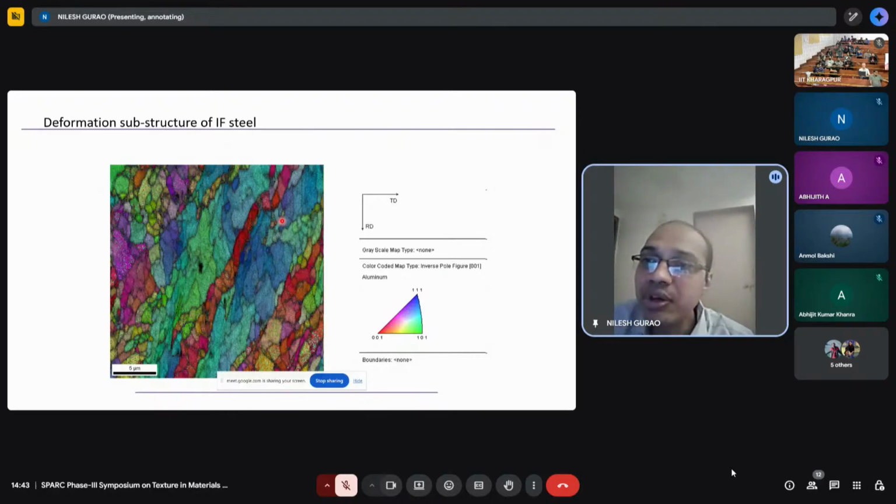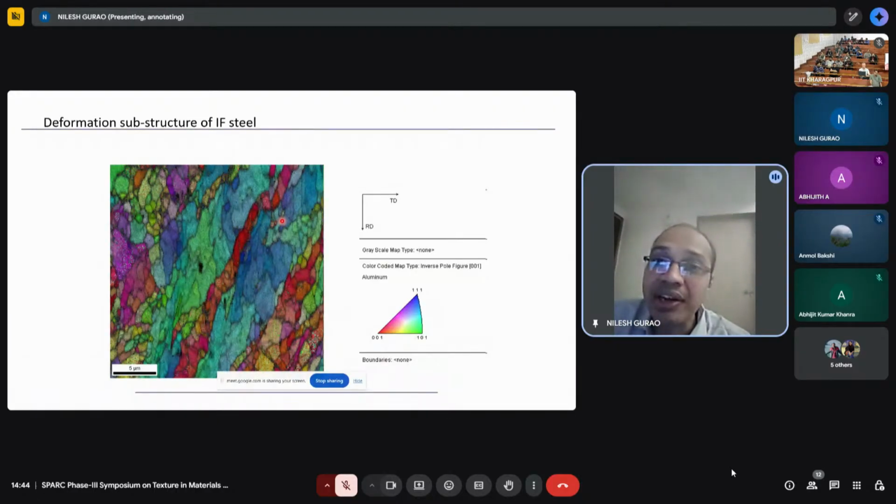So see this image. It appears like an optical image that has been colored. In optical also you can take an image and color it. This appears like that, but this is an IF steel sample. Long back, probably the first sample that Professor Somjit Biswas had done EBSD on, and he was kind enough to give me his data that I am showing you. You can see so much rich information.